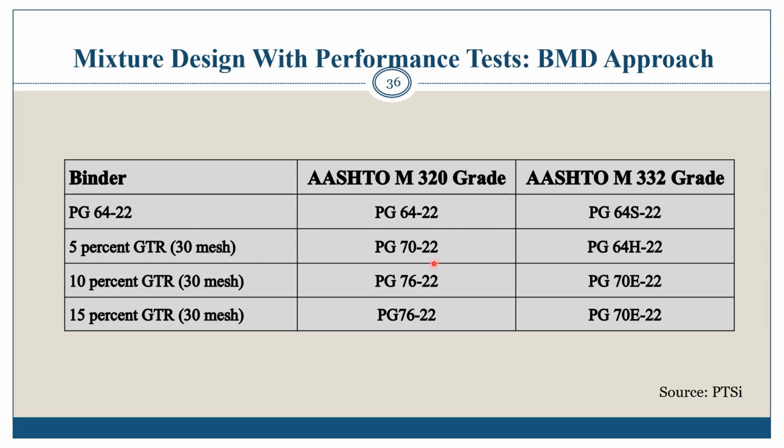So basically 5% was a 70-22, or a 64H, heavy, minus 22. The 10% was a 76-22, or 70E minus 22. And the 15% was a 76-22 according to M320, and a 70E minus 22 according to M332.